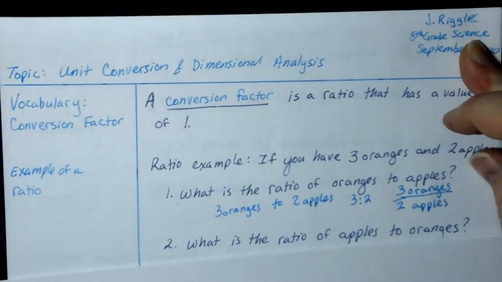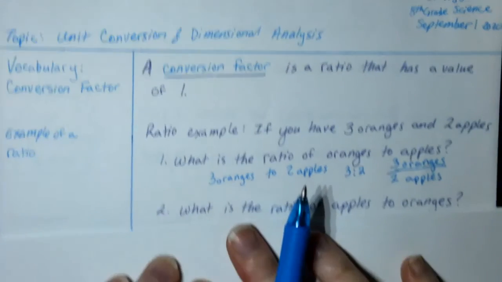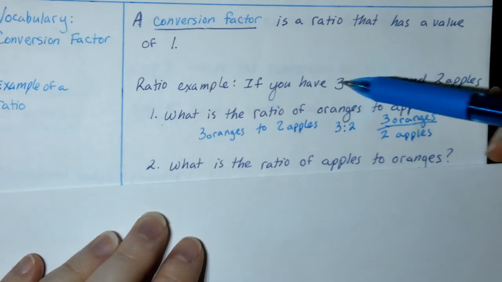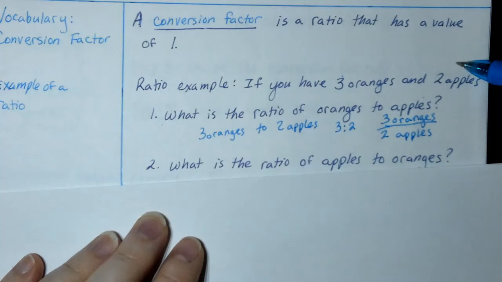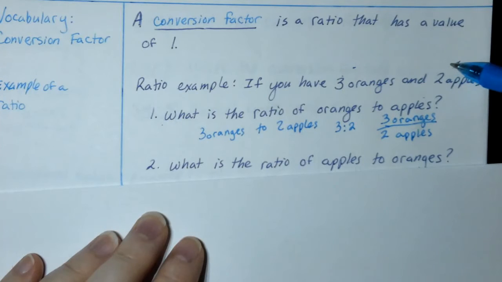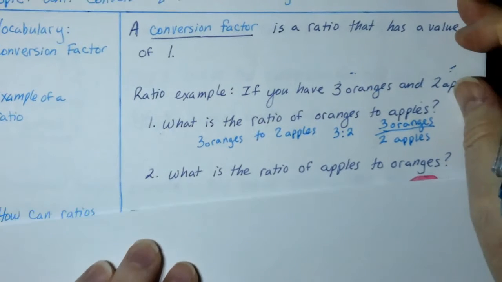I can also write my ratio in the opposite direction. So what is the ratio of apples to oranges? Take a second on that. Oranges to apples was 3 oranges to 2 apples. So what should apples to oranges be? It should be 2 apples to 3 oranges.